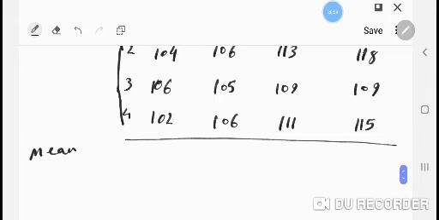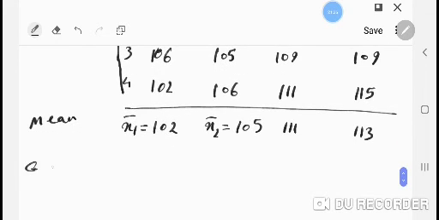We can calculate the mean of any treatment here. For original cement, x bar 1 is equal to this, and this is for x bar 2, x bar 3, and x bar 4.